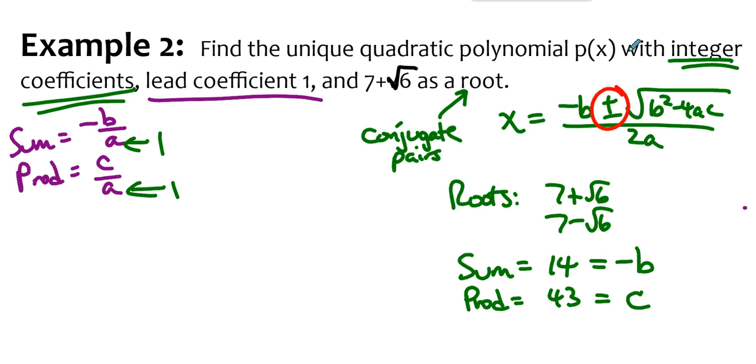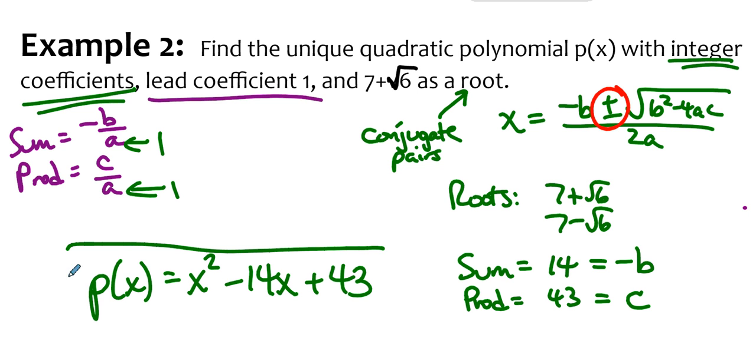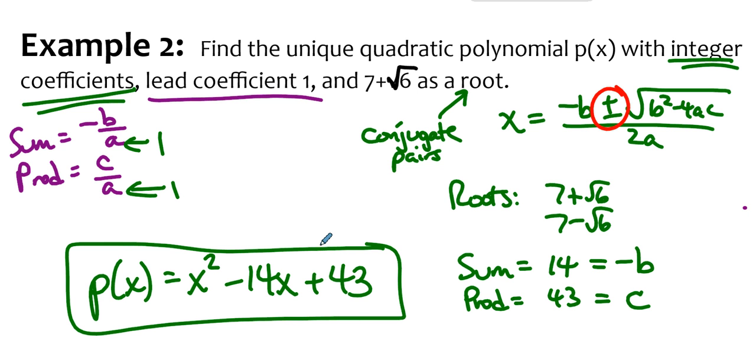And we can write the unique quadratic polynomial p of x as x squared minus 14x plus 43. That's a quadratic polynomial with integer coefficients. The lead coefficient is 1. 7 plus root 6 is one of the roots.